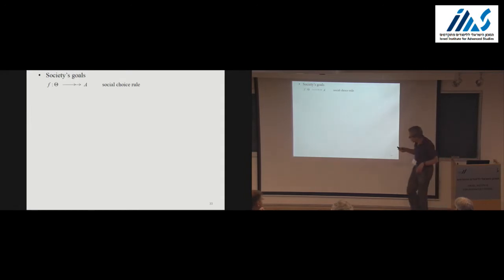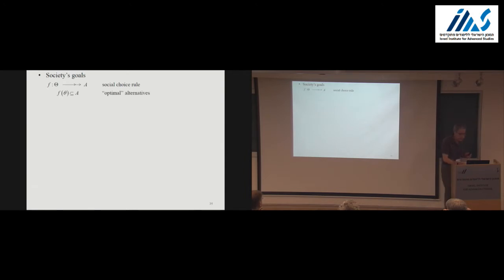How do we model society's goals? The typical way is via what's called a social choice rule or a social choice correspondence. In general, it's a set-valued function of the state of the world.